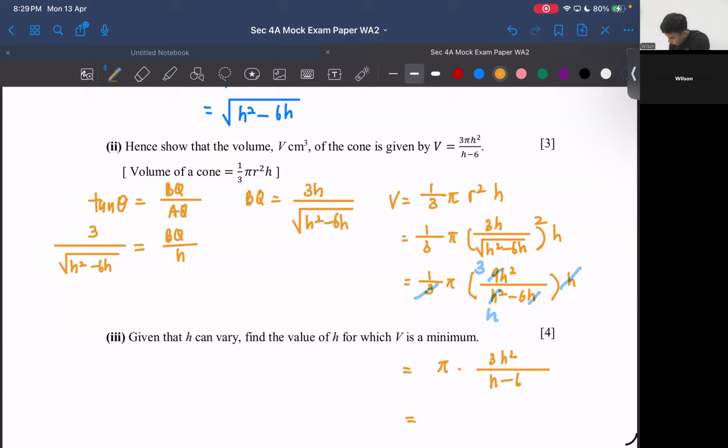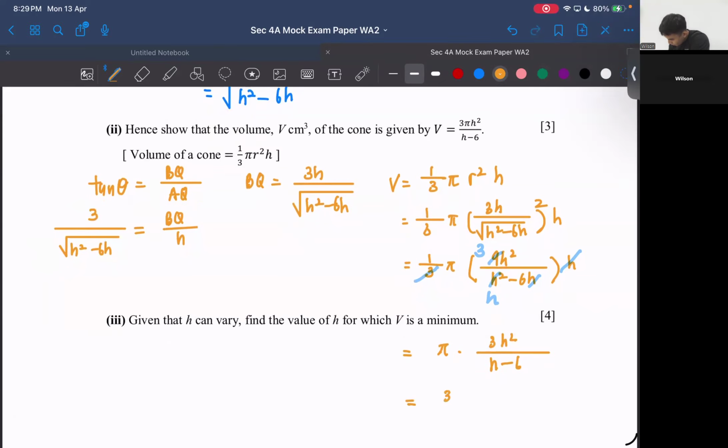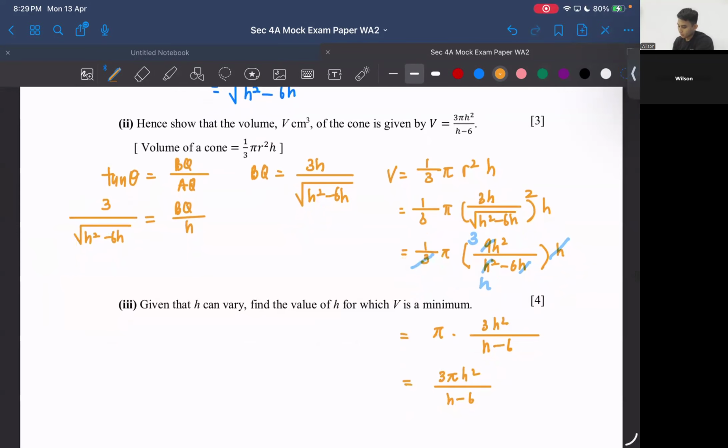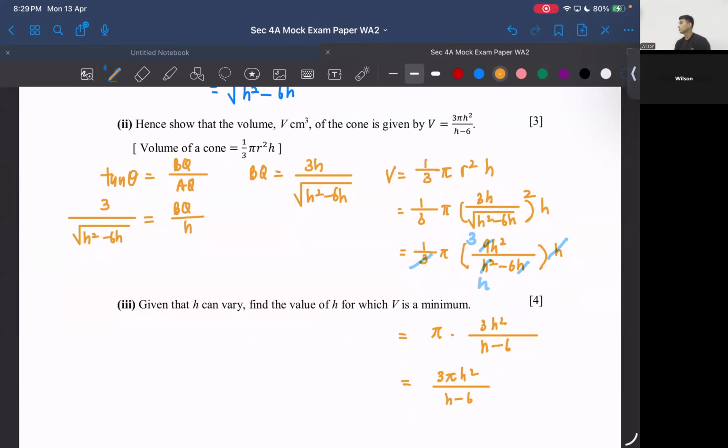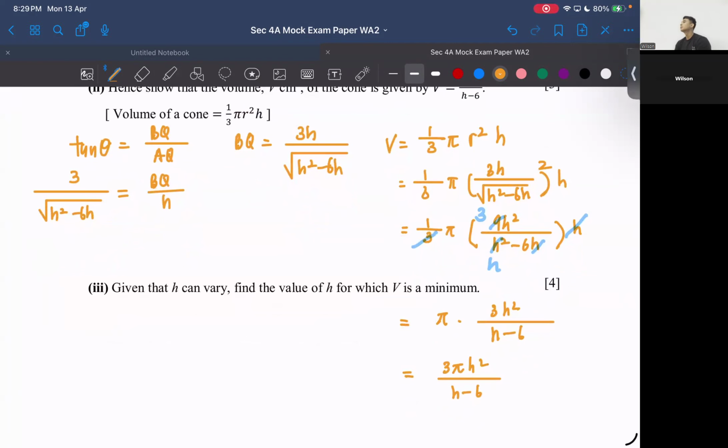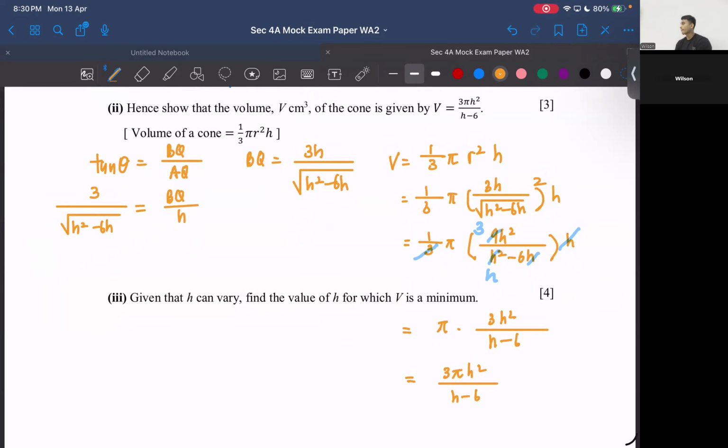If I multiply everything together, this will be 3 pi H squared over H minus 6. Now copy this down. Anybody lost? No, not lost.